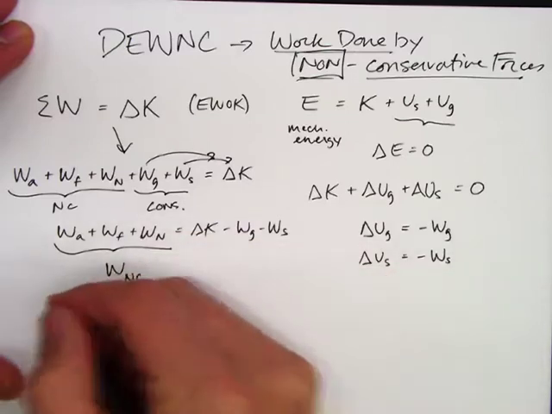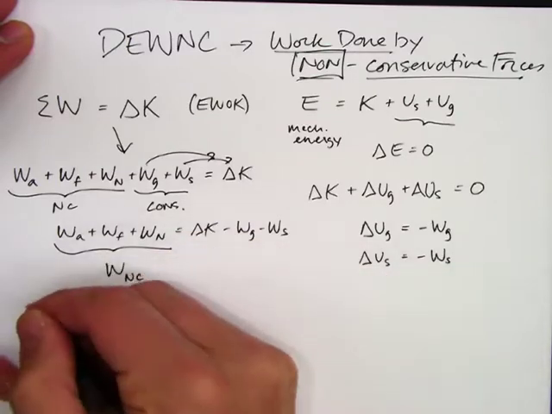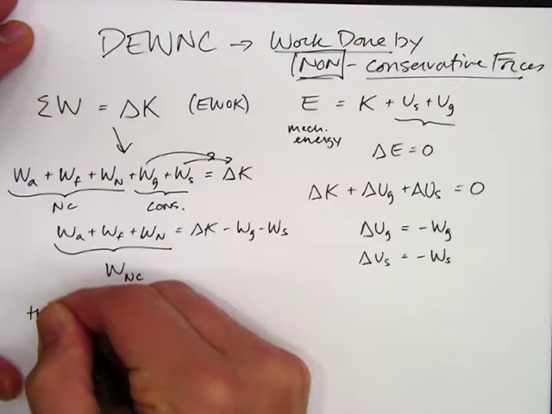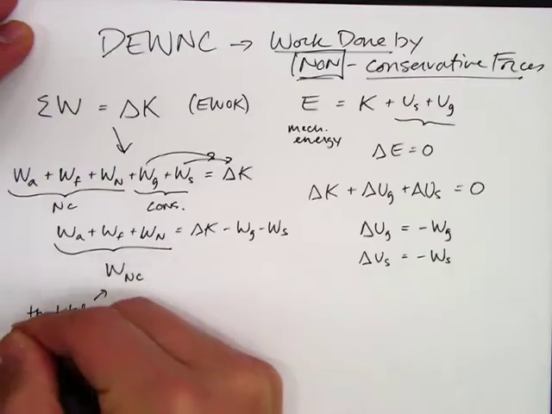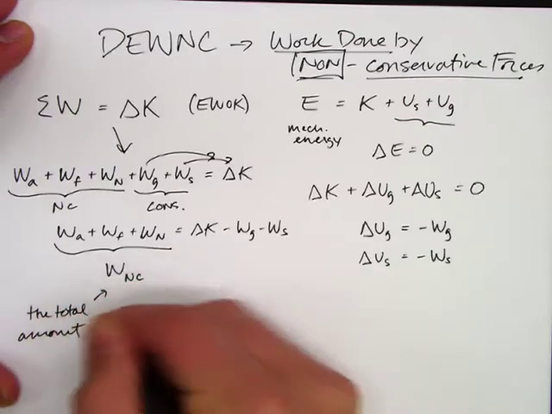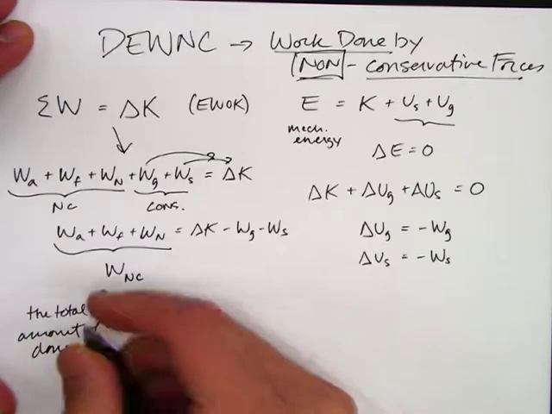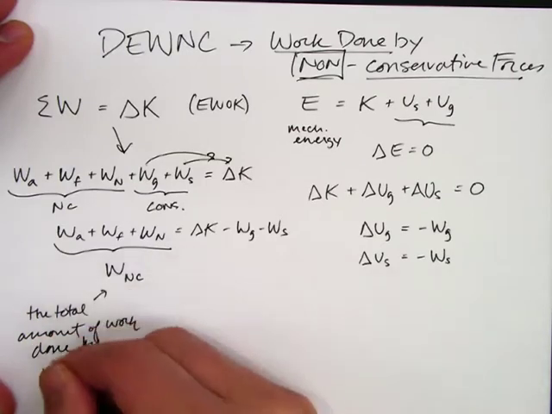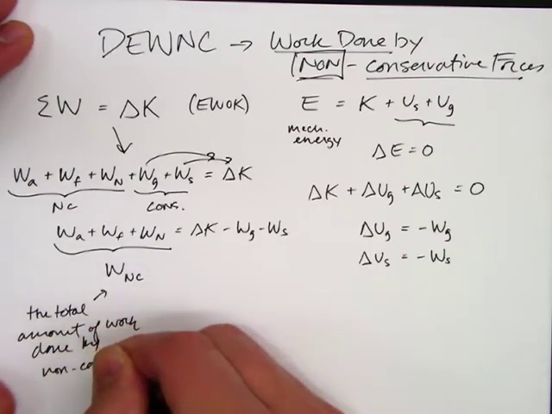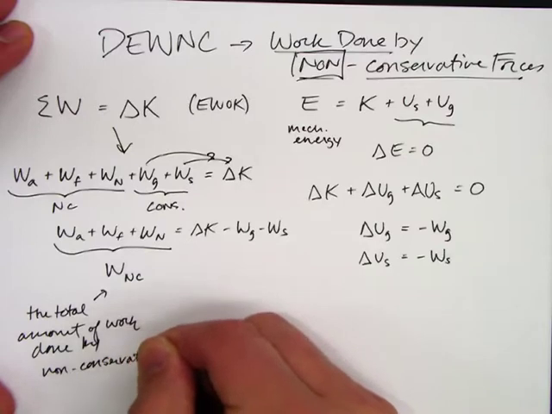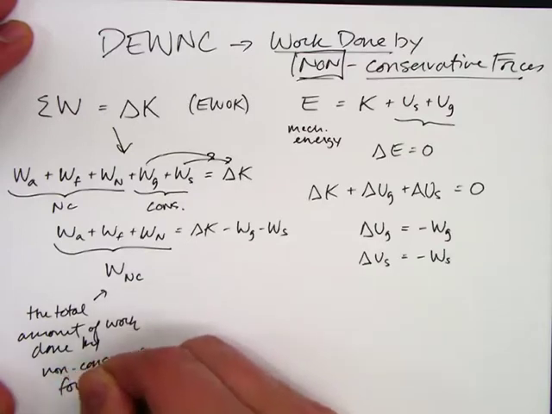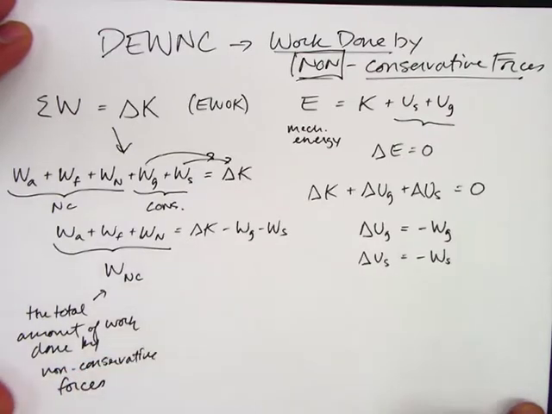So when we say the work NC, this is the total amount of work done by non-conservative forces. That's our WNC.